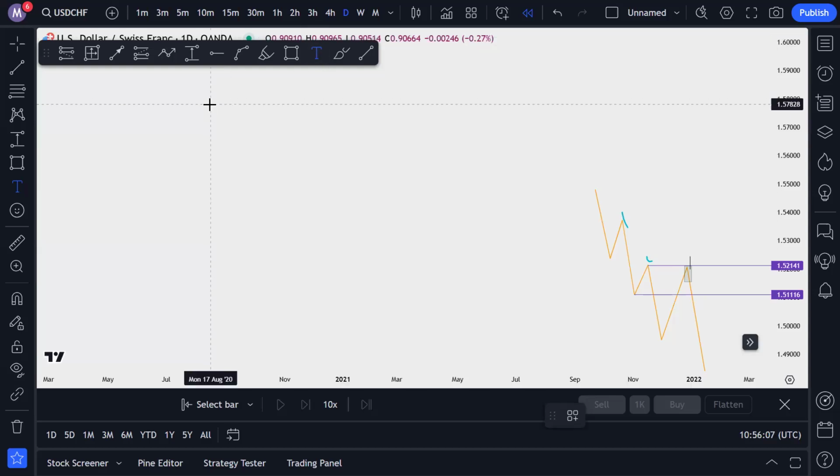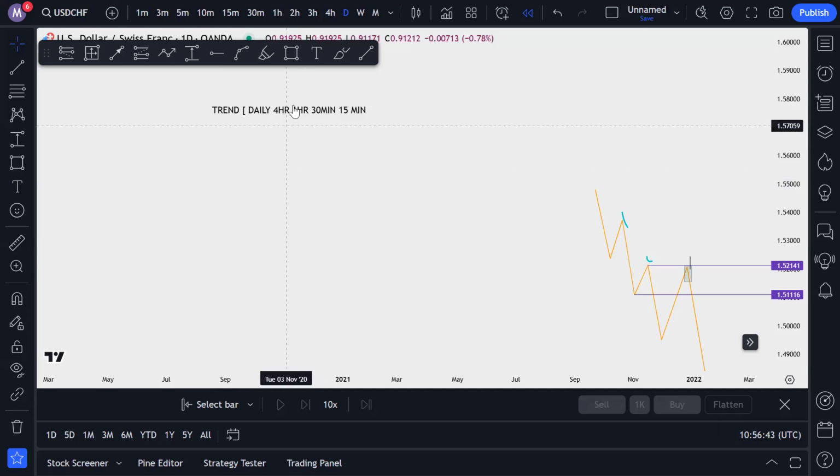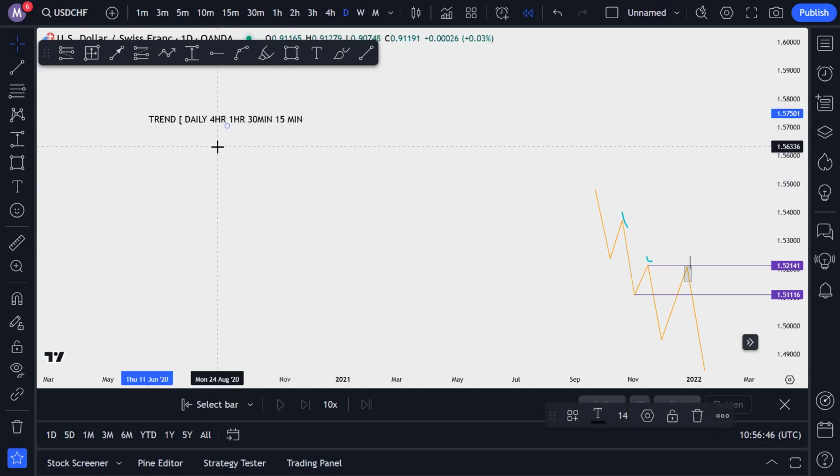The trend is found on the daily, 4 hour, 1 hour, and maybe 30 minutes. Anything below that is total confusion.